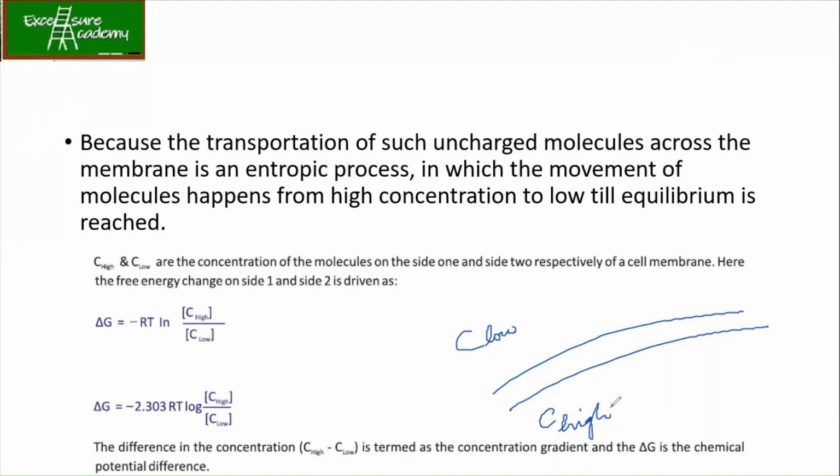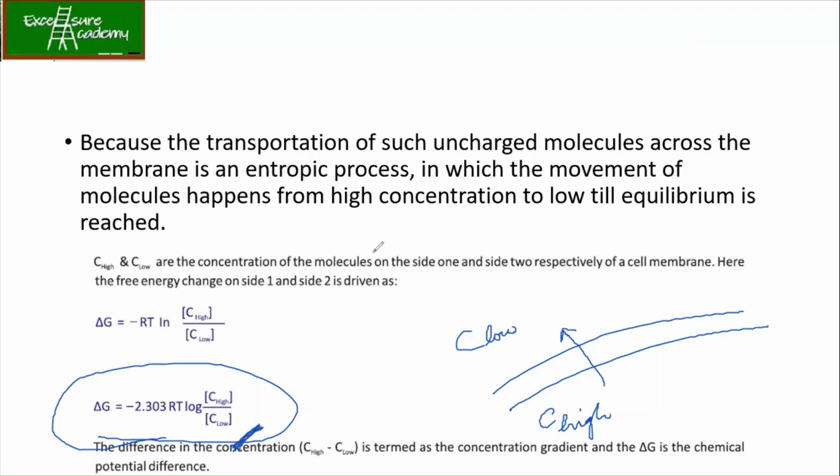The molecules are going to move from high to low. So this chemical energy can be converted into mechanical energy or electrical energy. We will see that ahead. Now, this can be written in this form, and how much chemical potential difference is present at the membrane can be calculated using this.